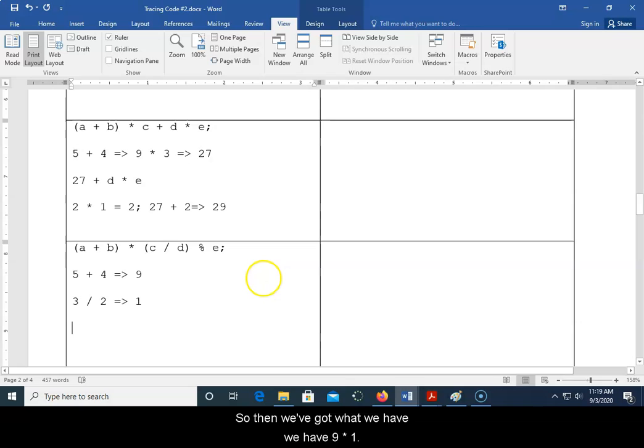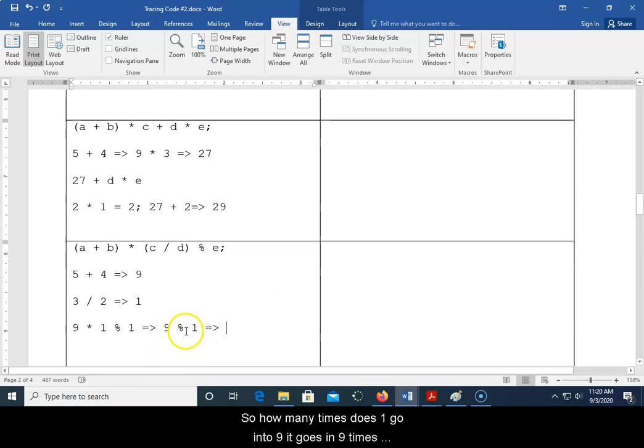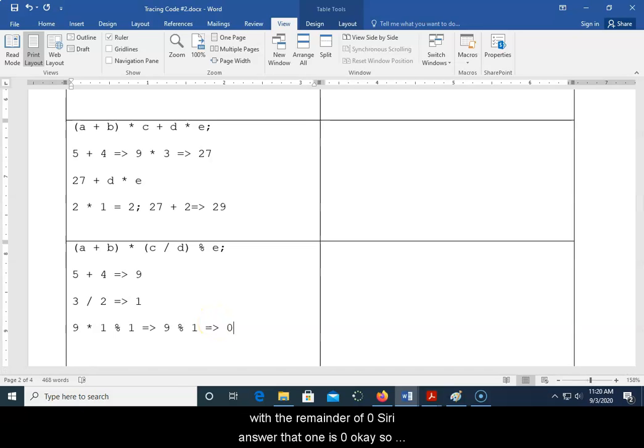We have 9 times 1 modulus e. E is 1. Okay, so 9 times 1 is 9, right? So 9, and then you got modulus 1. So how many times does 1 go into 9? It goes in 9 times with the remainder of 0. So your answer to that one is 0.